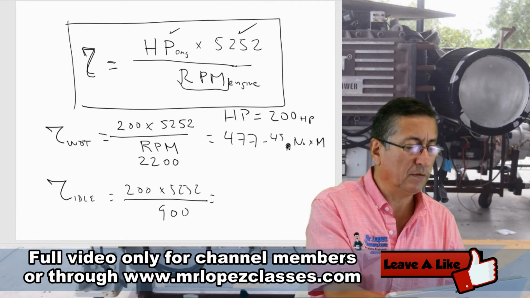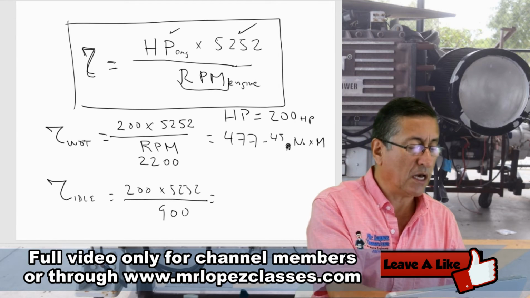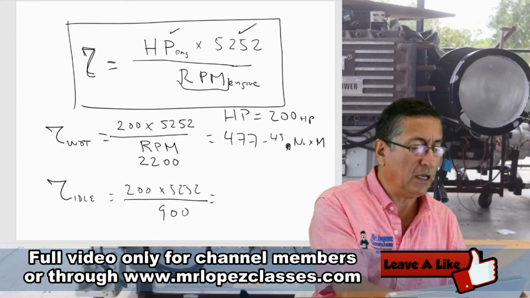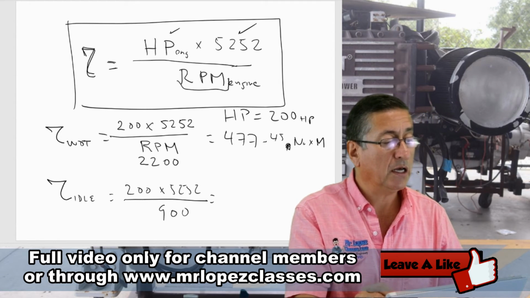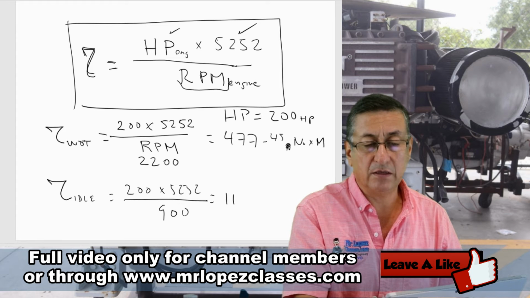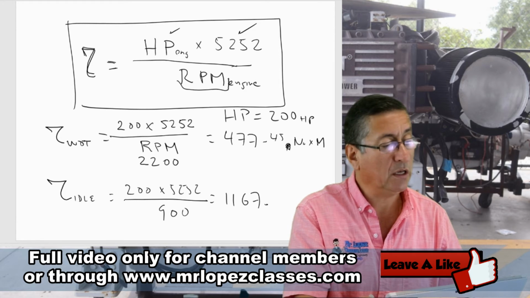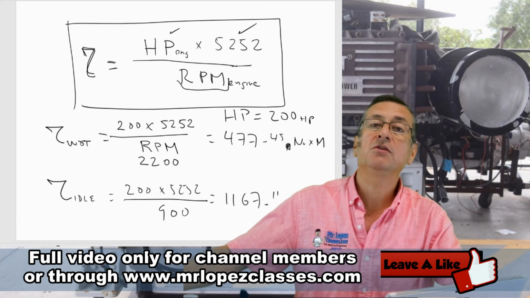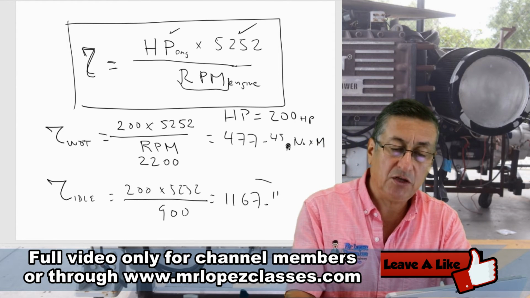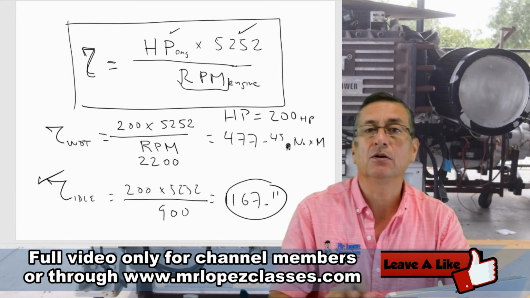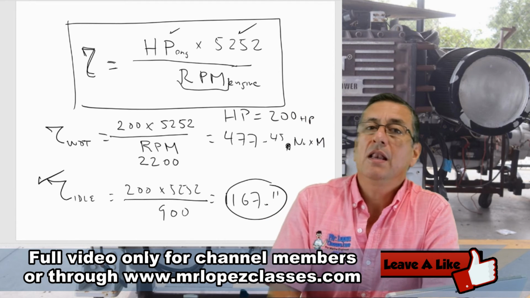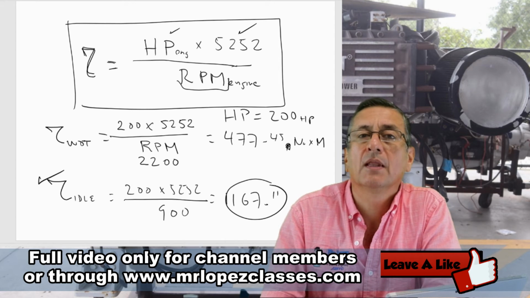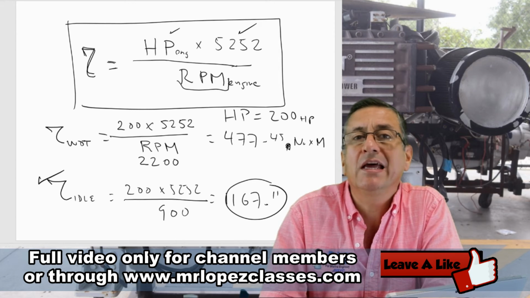It is 200 times 5252 and divided by 900, and is 1167.11. Alright, what torque is bigger? This one is bigger, the torque in idle. Yes, my friends, fewer RPMs produce more torque. High RPMs produce less torque.